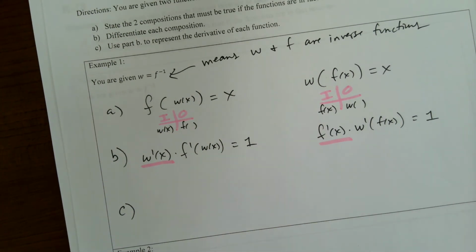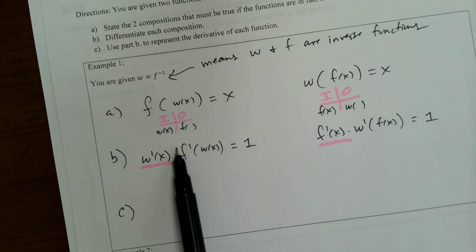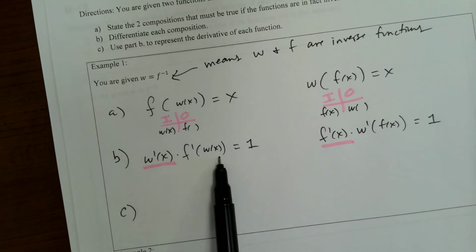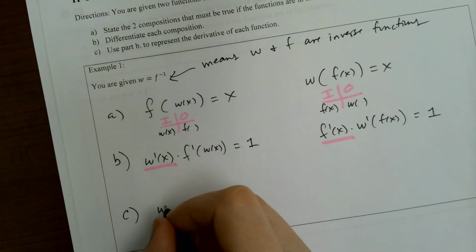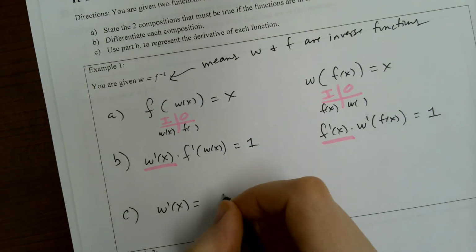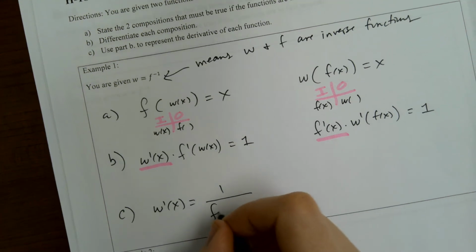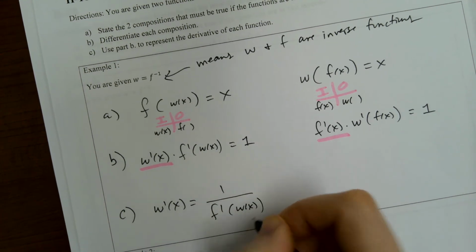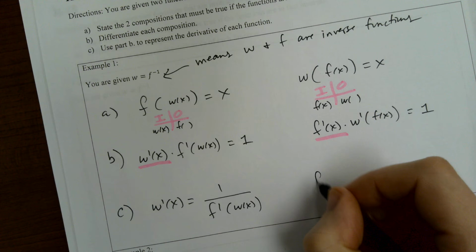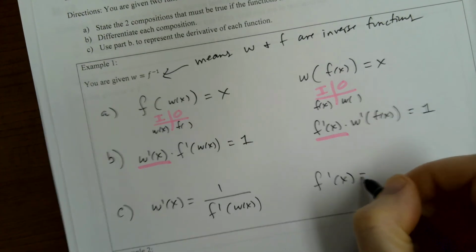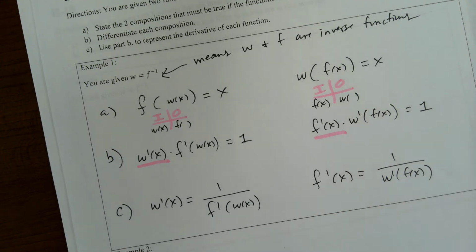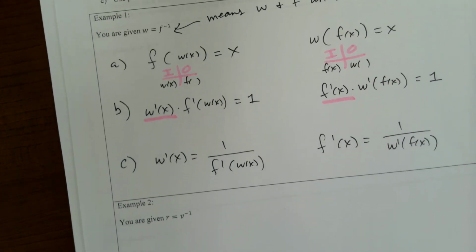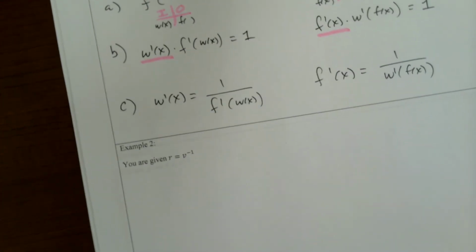So to get them by themselves, I just divide both sides by the other factor. So W prime of x is 1 over f prime of W of x. And then f prime of x is 1 over W prime of f of x. Okay, so right now, guys, we're just building up to more difficult problems.